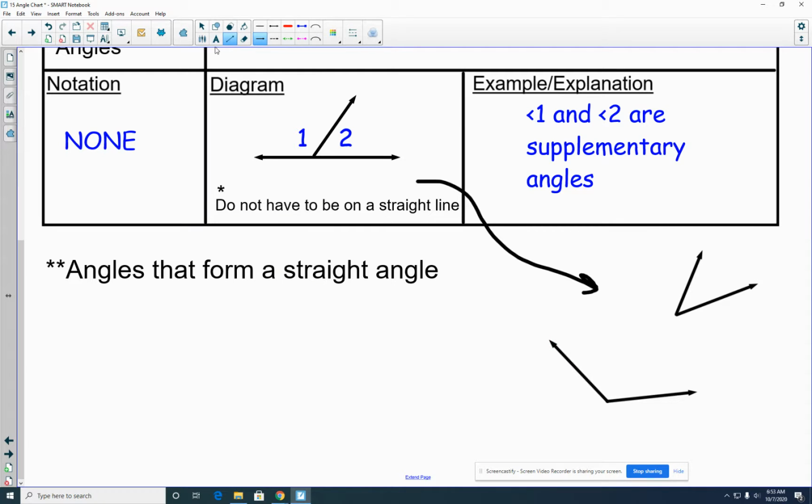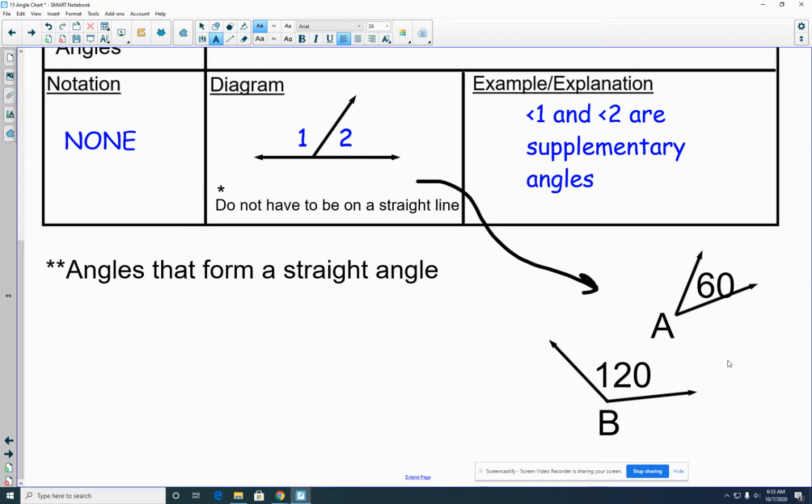And if I make this angle 60, now, here are two angles, and I'm going to call this A and this B. Angle A and angle B are supplementary angles. They both add to 180. However, they're not on a straight line.